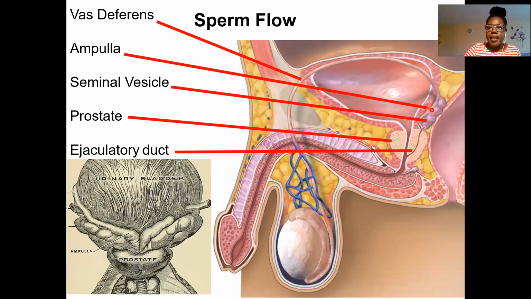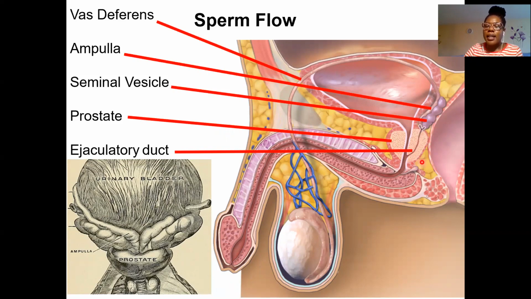So the ampulla is the ending of the vas deferens that eventually joins at the ejaculatory duct with the opening of the seminal vesicle. So here we can see the seminal vesicle, which is the gland. We spoke about it a little bit in lecture. It helps with the secretions that are contributing to make semen. We also have the prostate gland, which also contributes to the secretions that help to make up semen, which has nutrients and enzymes.